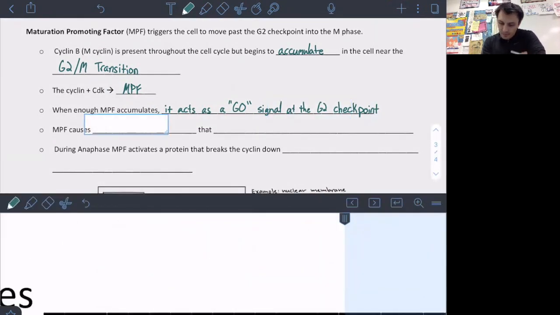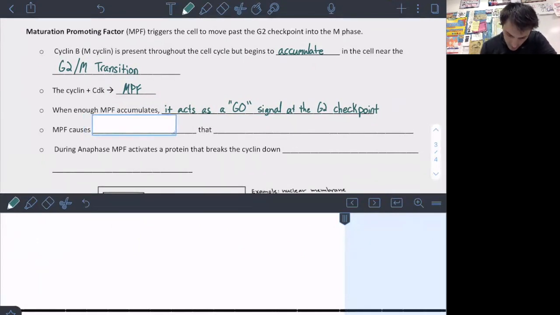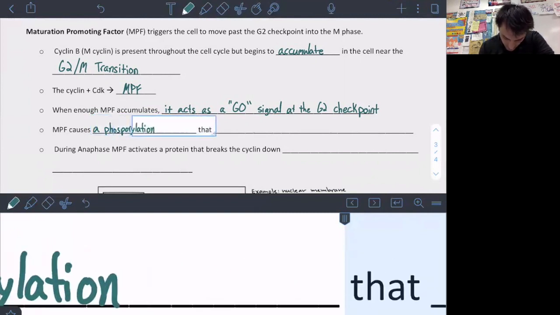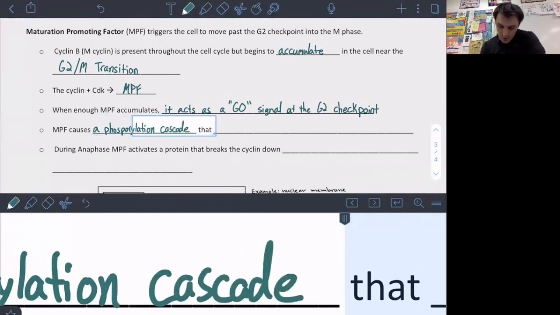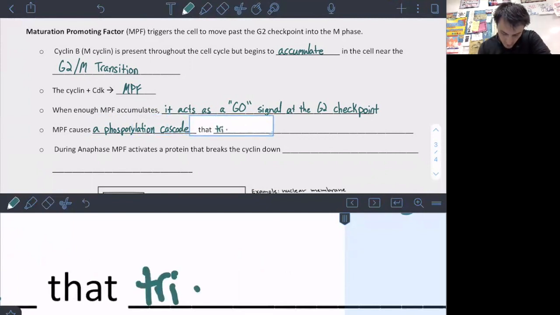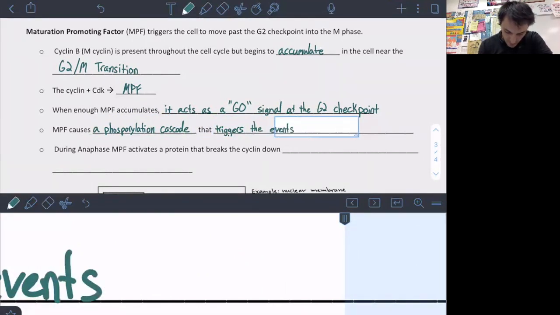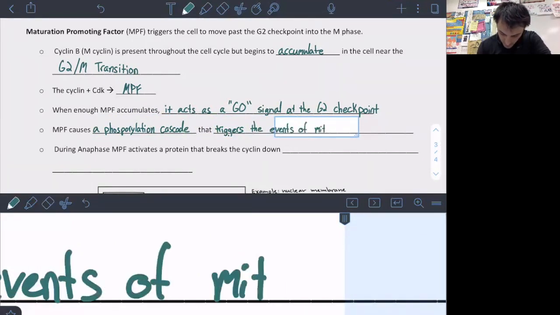M phase. MPF causes a phosphorylation cascade that triggers the events of the M phase, or the events of mitosis.